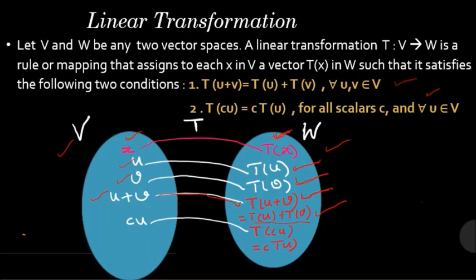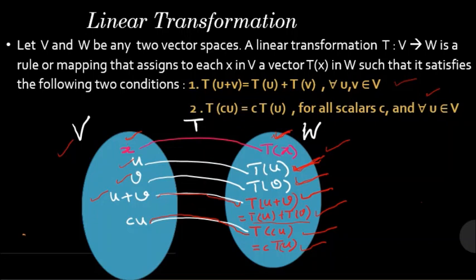Now, what is the second condition? Take a scalar c, then c into u is a vector that will also be in V. Whenever Cu is there, its image T of Cu will be in W. Now, T of u is in W. Take a scalar and multiply T of u with c; then c into T of u is also in W. Our second condition is T of c into u is equal to c into T of u.